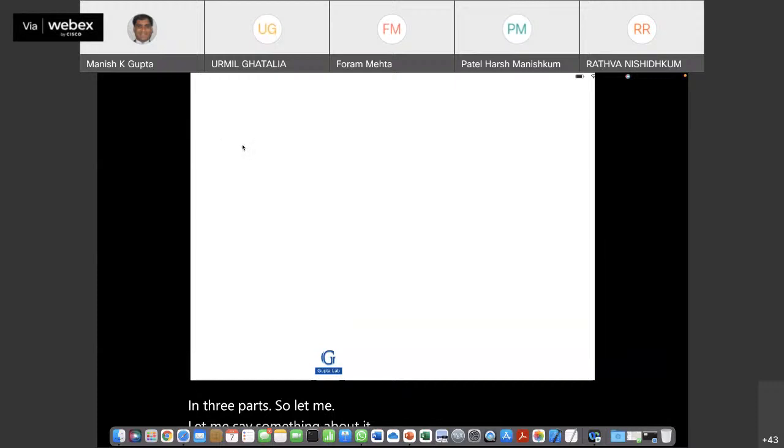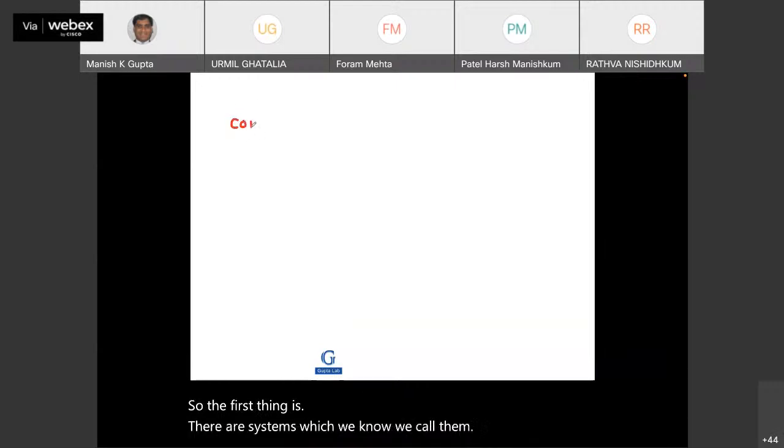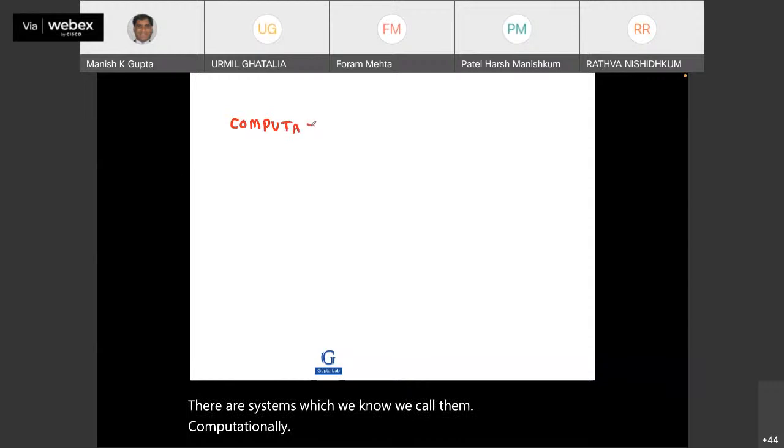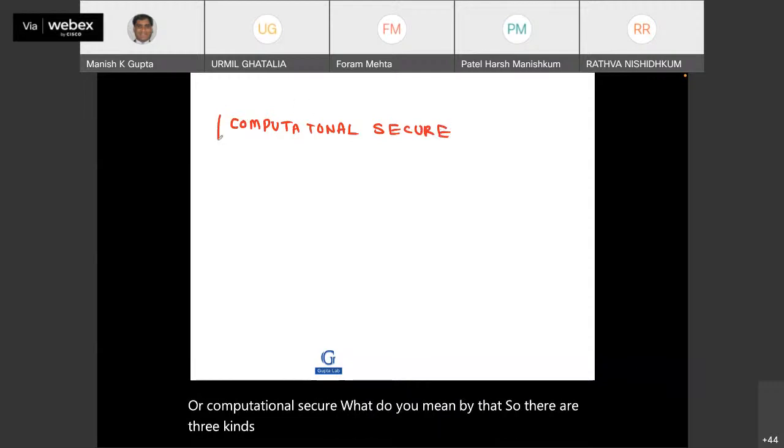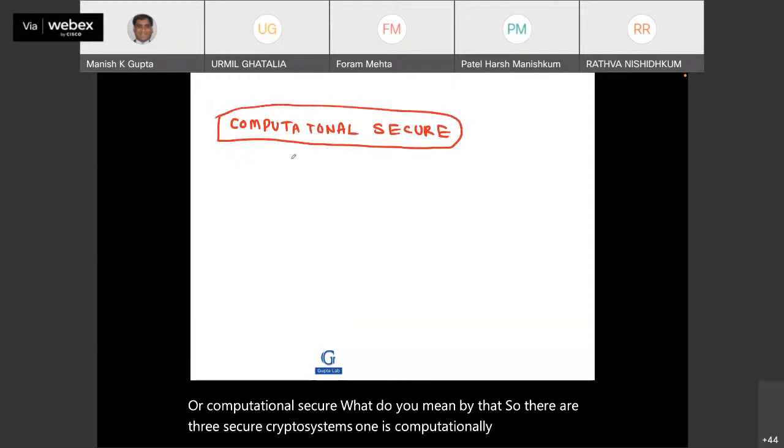The first thing is there are systems which we call computationally secure. What do you mean by that? There are 3 kinds of secure crypto systems. One is computationally secure. What is the meaning of computationally secure?